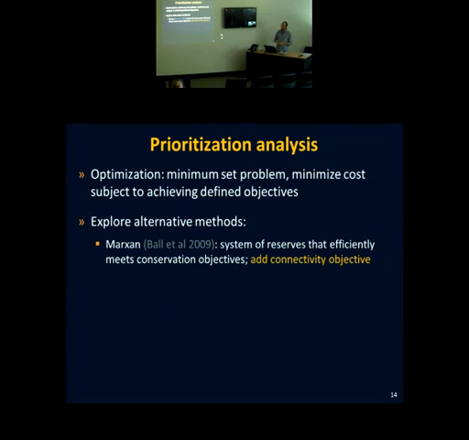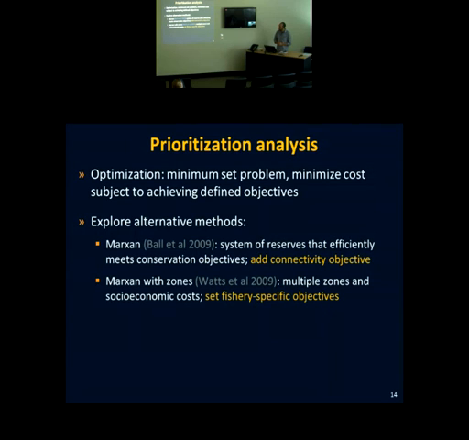The way we added connectivity is going to be explained a bit later, but just for the sake of clarity, I'm going to mention that we addressed it by adding a conservation objective specifically related to the connectivity value of planning units.